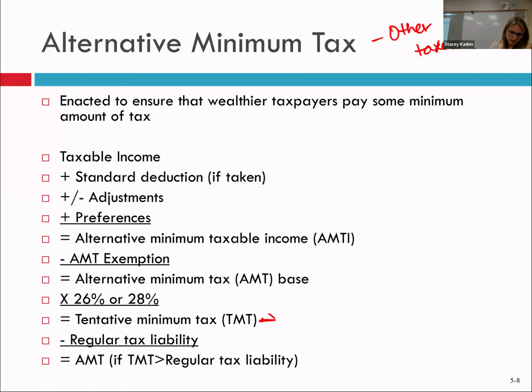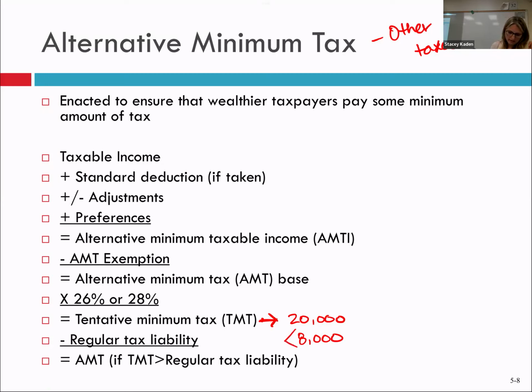So let's say you go through all of this calculation and you get $20,000 is your tentative minimum tax. If your regular tax liability is higher than that, then you just ignore all this. But if your regular tax liability came out to be only $8,000, guess what?